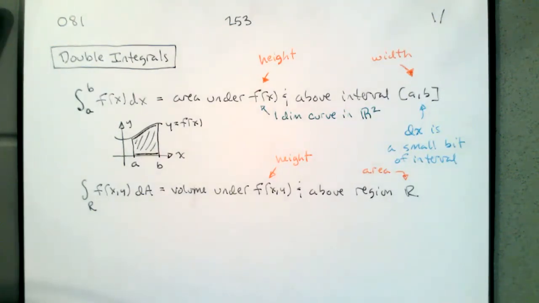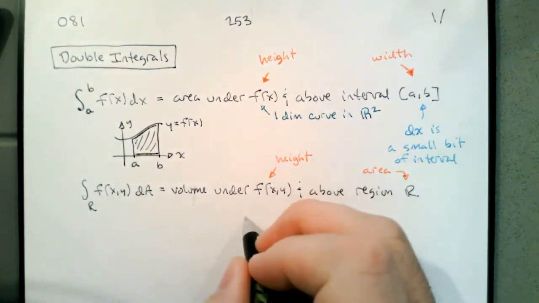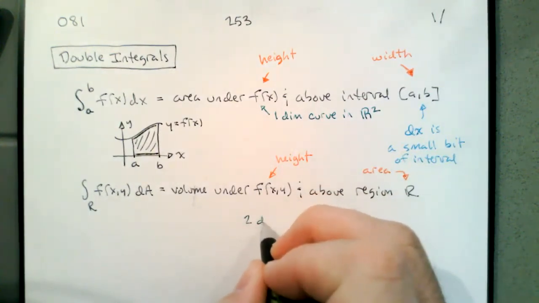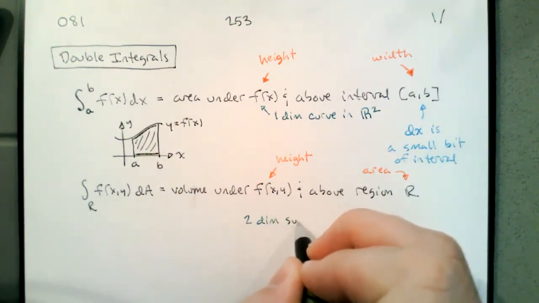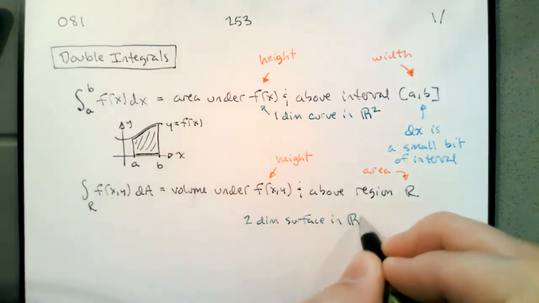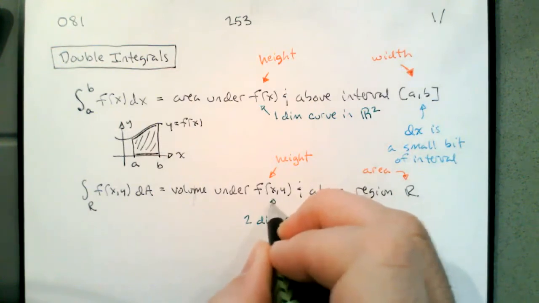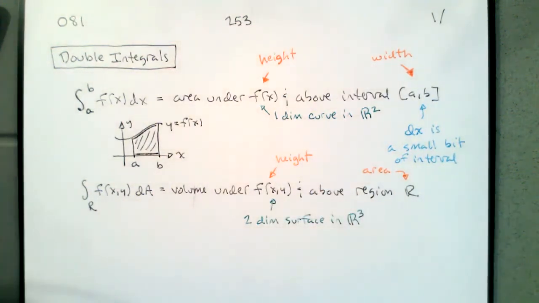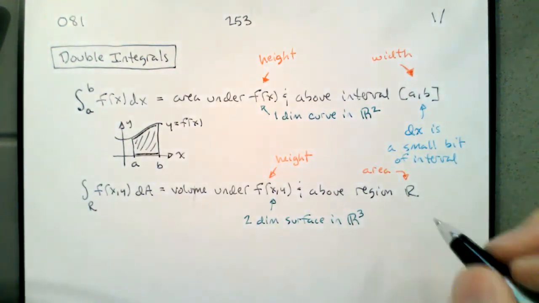Our function f of xy, we know, is a two-dimensional surface in R3. And the dA is going to be a small bit of this area, the region.